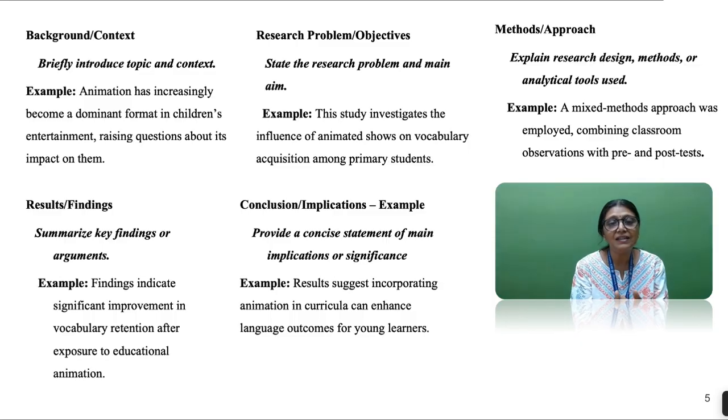The findings indicate significant improvement in vocabulary retention after exposure to educational animation. This is the finding the researcher has found, which comes after the method, and then it ends with the last component, the implication. The research suggests incorporating animation in curricula can enhance language outcomes for young learners. So with this example I have explained the 5 major components of abstract writing.